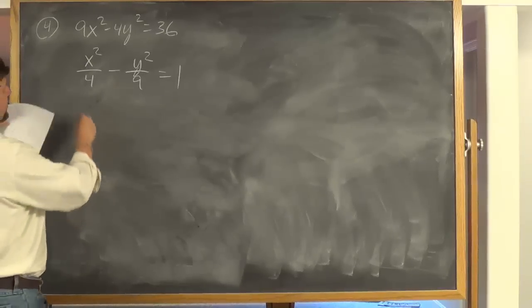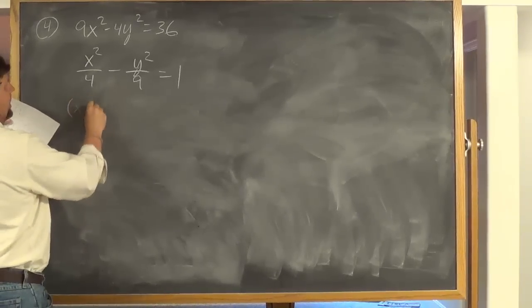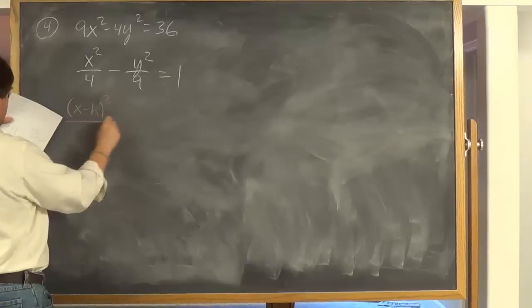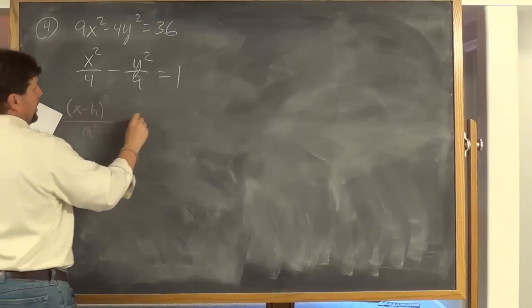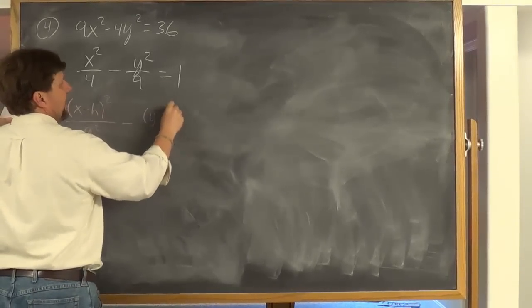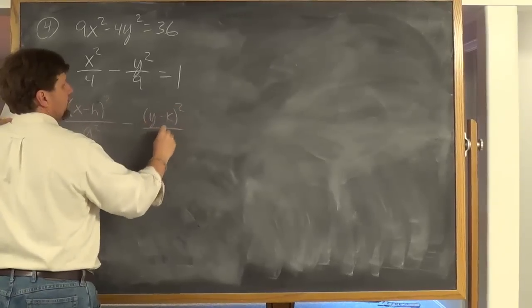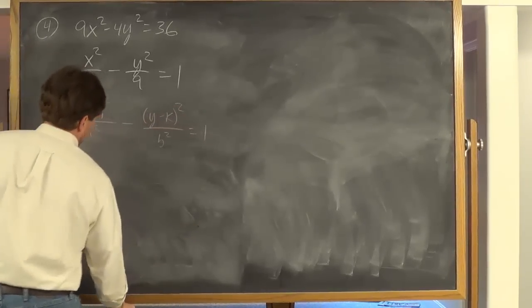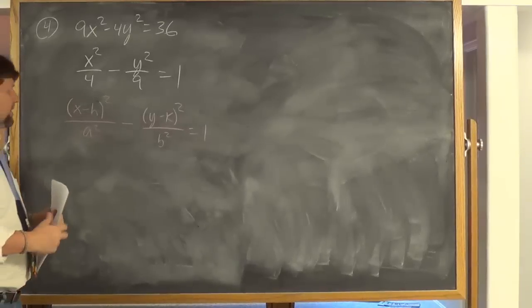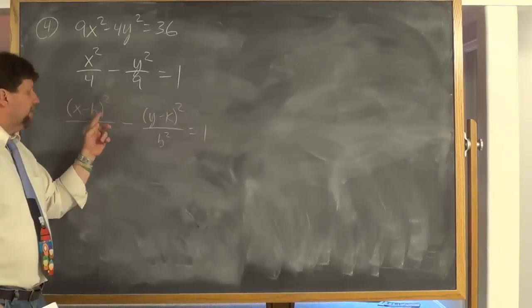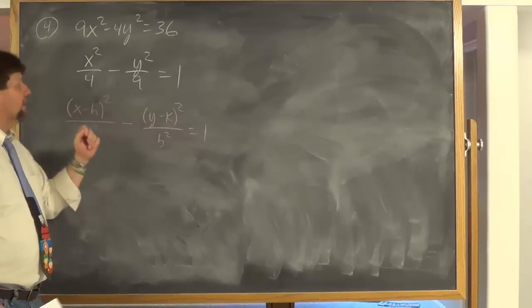That puts it in the standard form of a hyperbola. Let me write that down in red chalk. (x minus h) quantity squared over a squared minus (y minus k) quantity squared over b squared is equal to 1. So we can see, remember the center of the hyperbola will be at (h, k).